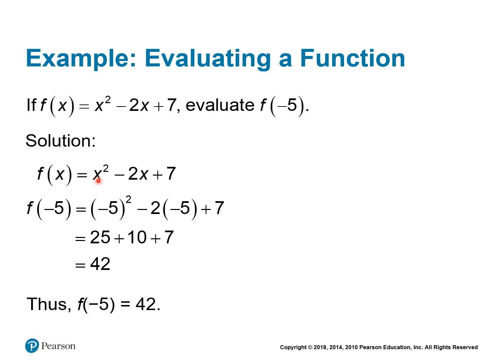Okay, so this becomes (-5) squared and then -2 times (-5). Always make a habit of using brackets, because especially if x is a negative value and it needs squaring, if you miss the brackets, you may just square the 5 and not the negative sign.